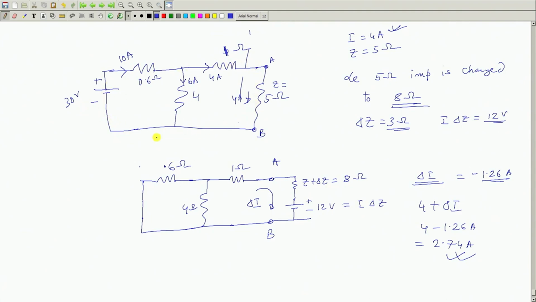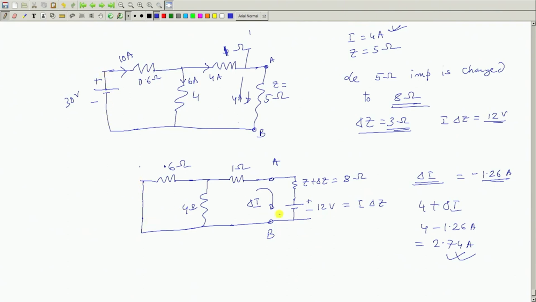The answer is no. What you have to do then is show the actual impedance now, that is 5 plus 3, 8 ohm, delta Z is 3 ohm, and in this branch you bring in one voltage which is equal to I, the earlier current flowing, into the change in impedance, delta Z, that is 12 volt, and all other sources replaced by their internal impedances, which was a single battery here.